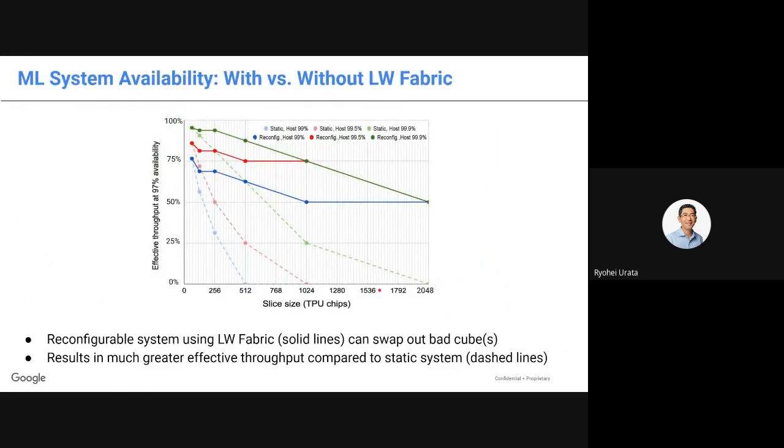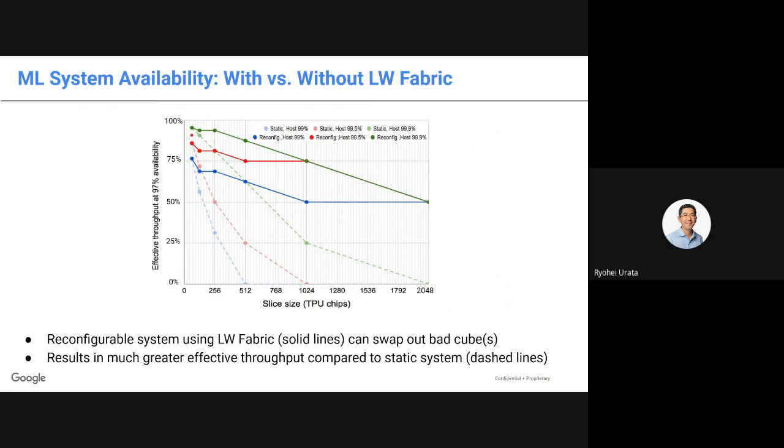This is a comparison of a system with the Lightwave fabric and without the Lightwave fabric. If you had our 4,000 plus TPU system and you wanted 97% availability of the slice size shown on the x-axis, the y-axis shows what percentage of the TPUs you could effectively use, versus the remainder to 100%, which is needed for spares to guarantee that availability.